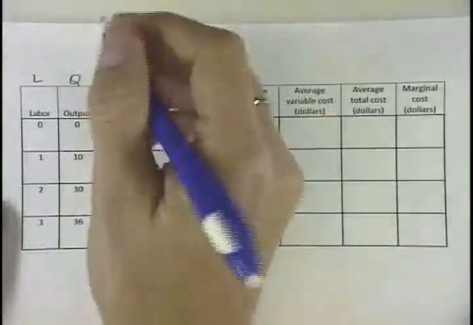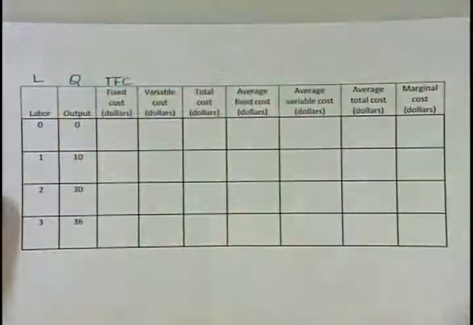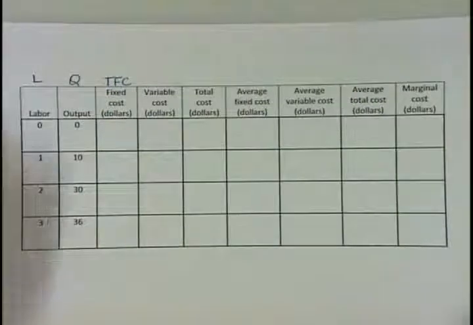So let's start with fixed cost, which we typically just give a TFC, total fixed cost. Now fixed costs are going to be the same no matter what, and they would have to be given to you. Fixed costs would be things like the rent on the building, the manager's salaries, things that don't change when output changes. We're still going to have to pay those even when output is zero.